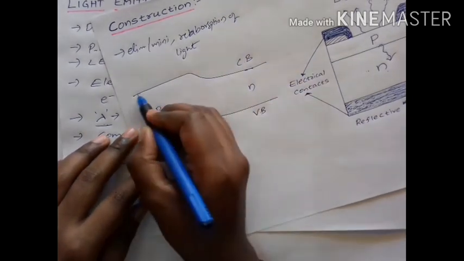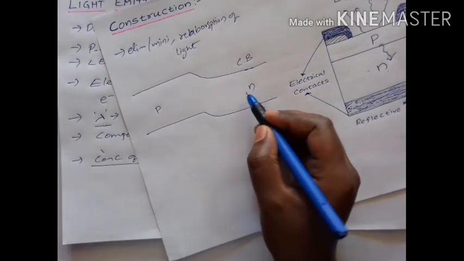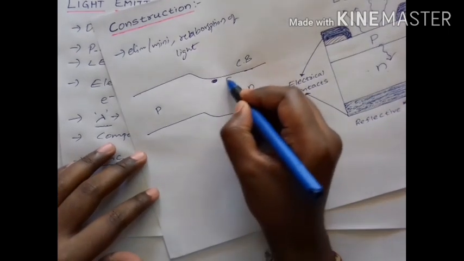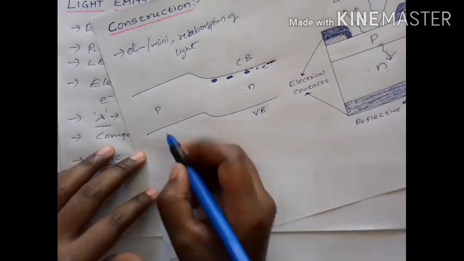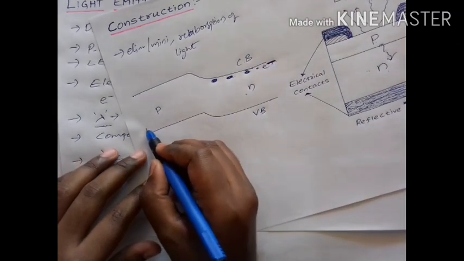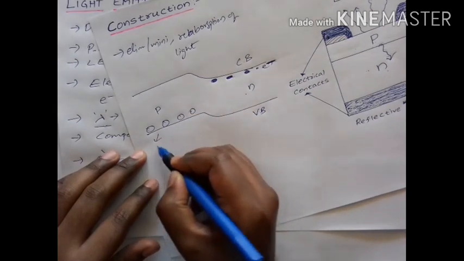And we know that in the case of n-type semiconductor, the majority charge carriers are electrons, and in the case of p-type the majority charge carriers are holes.